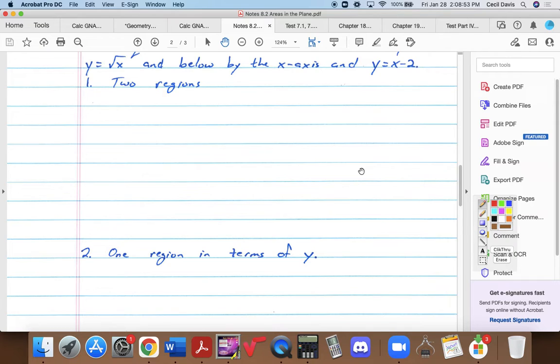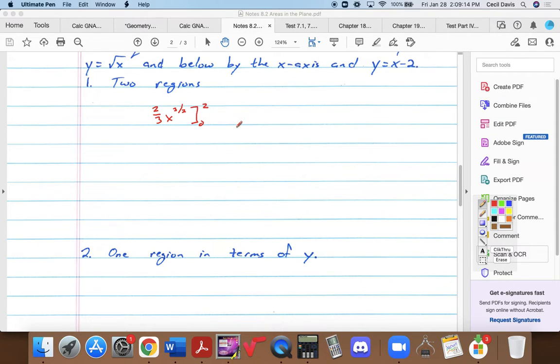I think it's when you're plugging in the numbers for 2 to 4 that you roll. Yeah, it should be 3 1/3. So did I have 2/3 x to the 3/2 from 0 to 2? Yes. Plus 2/3 x to the 3/2 minus 1/2 x squared plus 2x?